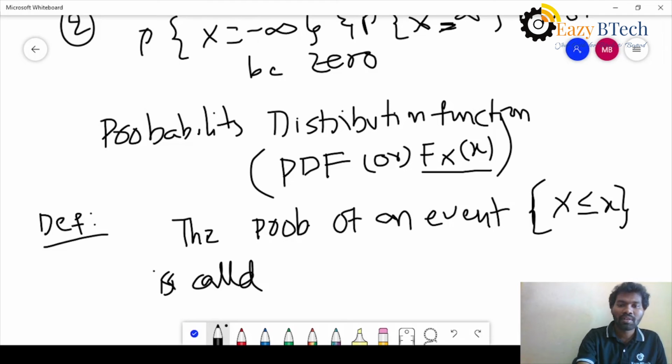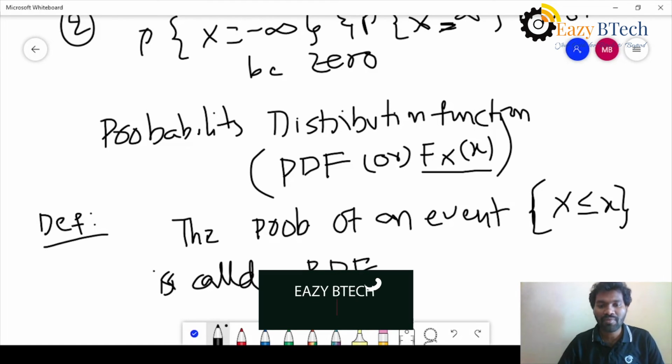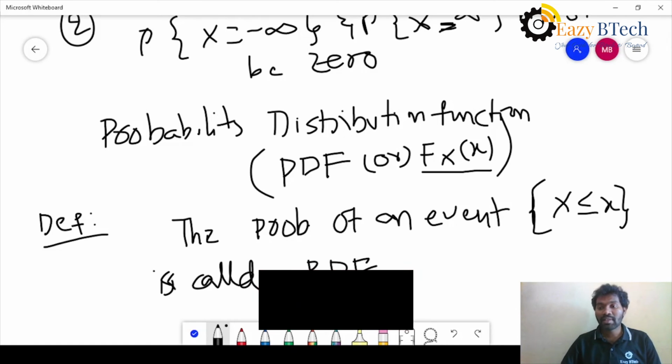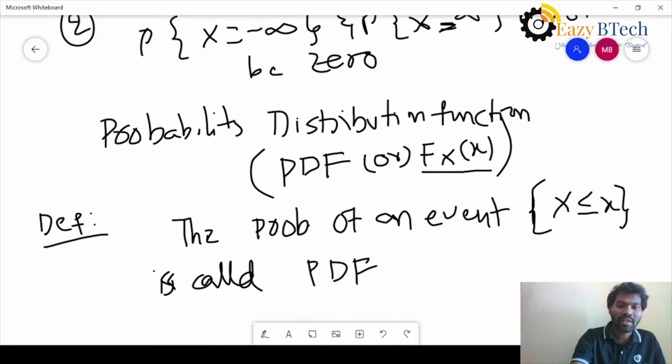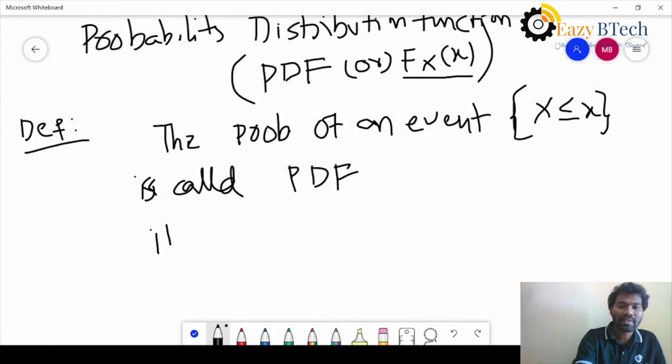The probability of an event X less than or equal to x is called the probability distribution function, PDF.